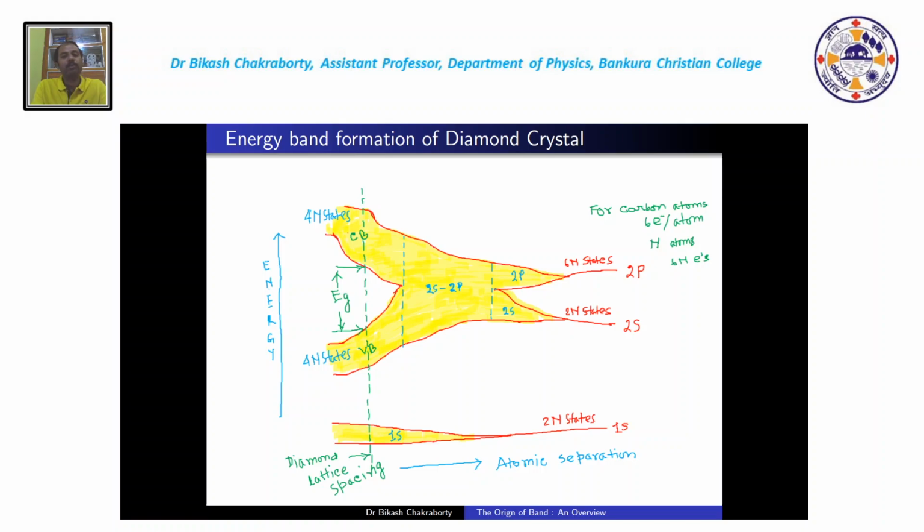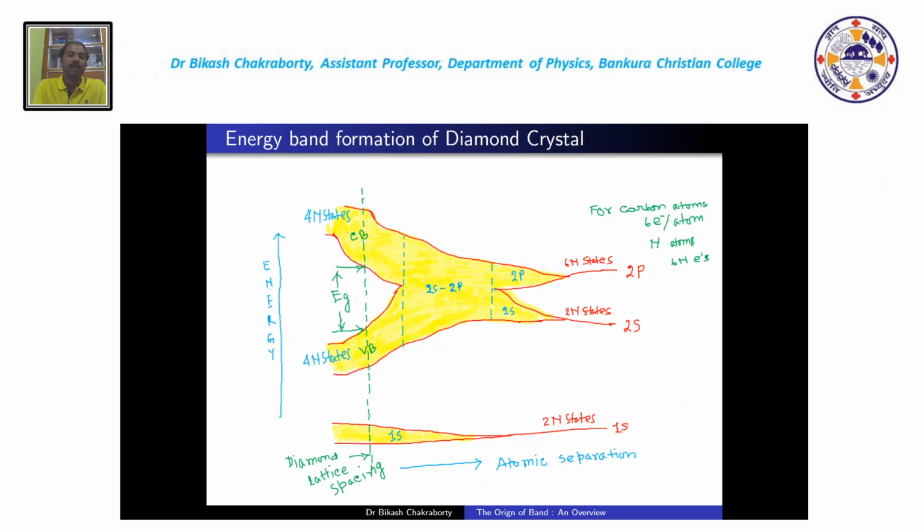Now, according to the probability, the 2s 2p composed state contains 18 states. Then the conduction band and valence band will share 4n states each.